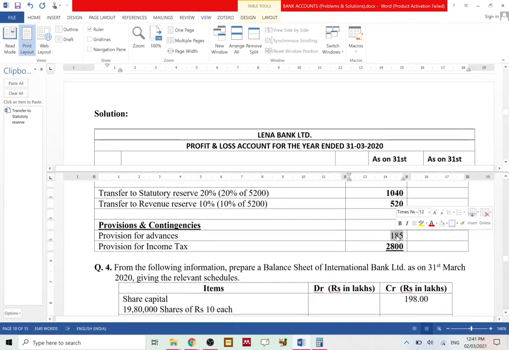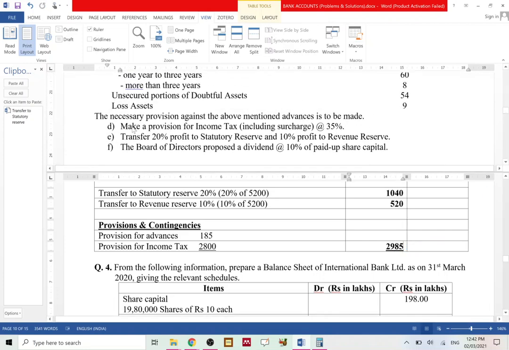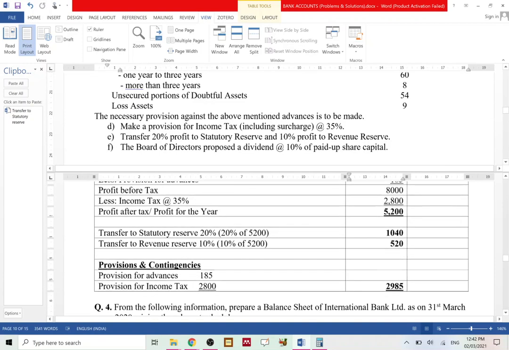Or we could just put this in the inner column, make calculations better, 2,800, and the total of these in the outside column, 2,985. Total provisions and contingencies figure is 2,985. Okay, we'll keep our problem here so that we can see clearly.